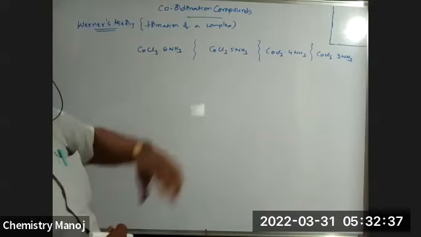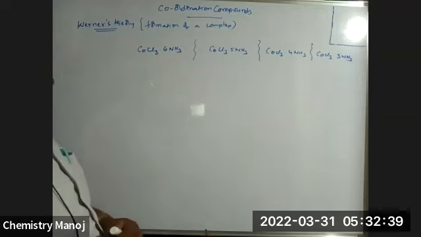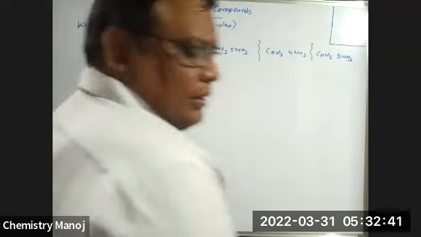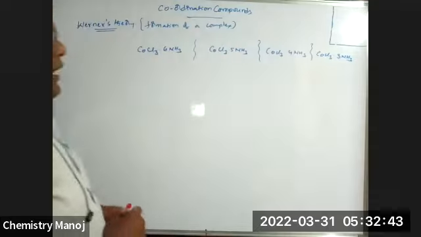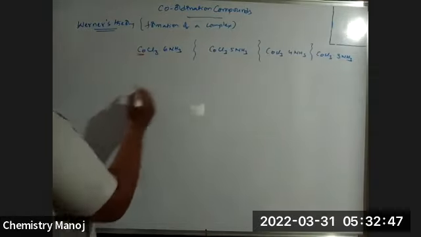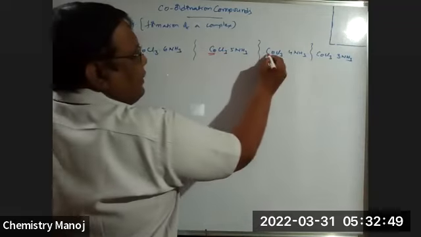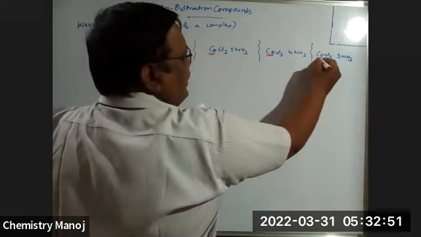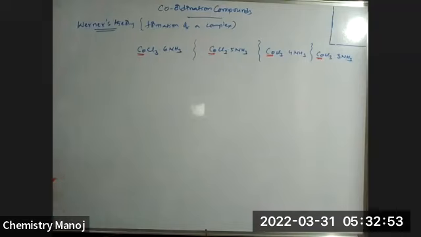Now why are these not broken down into corresponding ions? For that, he explained: see, every complex has a central metal atom or ion. That should be a d-block metal, mostly a d-block metal.